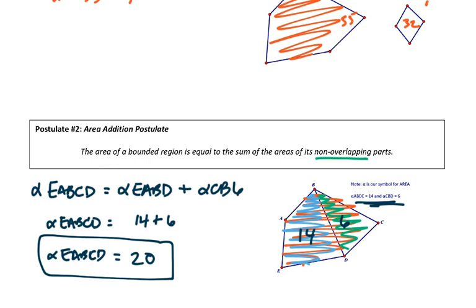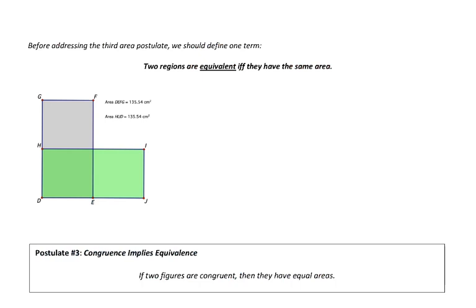The next postulate that we can address is this notion of equivalence. But before we get to the particular postulate, I want to define what equivalence is for you. Two regions are equivalent if and only if they have the same area. For instance, the area of this whole rectangle, DEFG, is 135.54 centimeters squared, and the area of this whole rectangle, HIJD, is 135.54 centimeters squared.